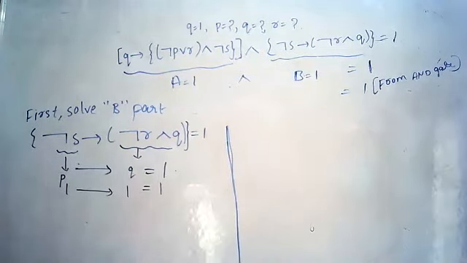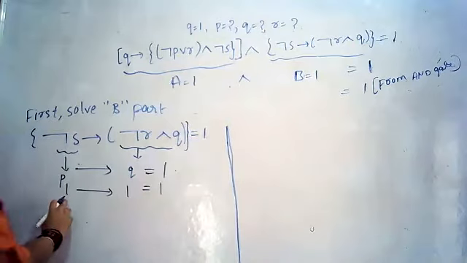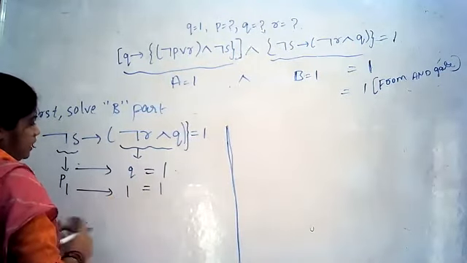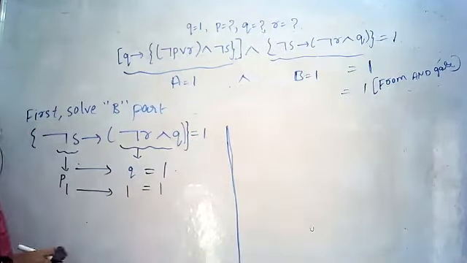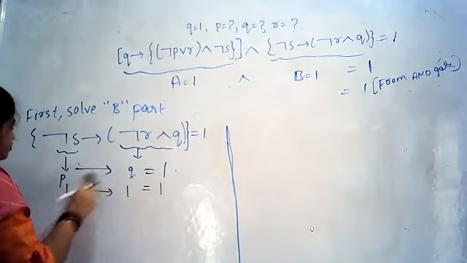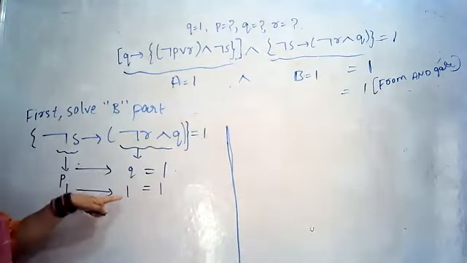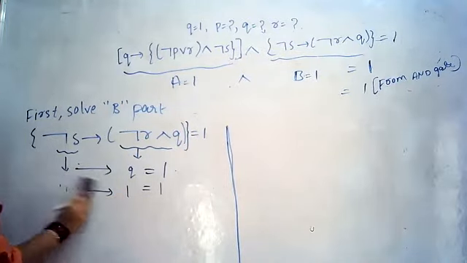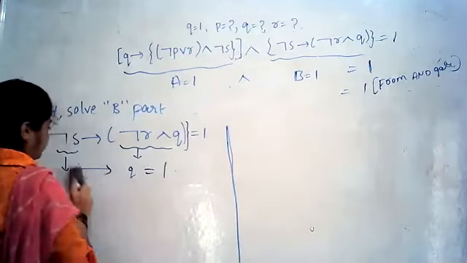I think you are getting it. When P is 1 and Q is 1, then I will get the conditional as 1. So now we need to find out what P and what Q is here, or else I'll show another way.